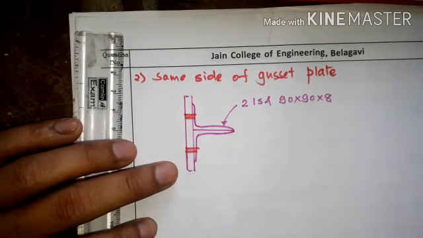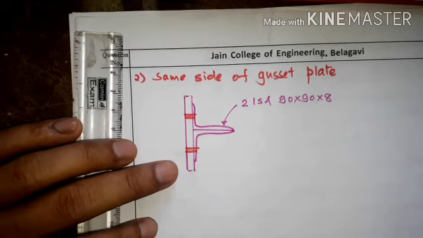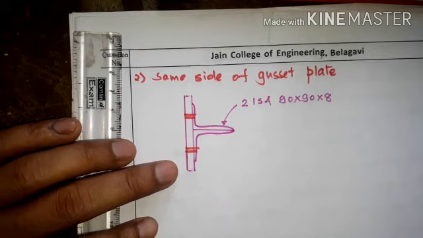When the two angles are provided back to back, you have to refer to the properties for the two angles back to back given in the steel table, and find out the design compressive load.